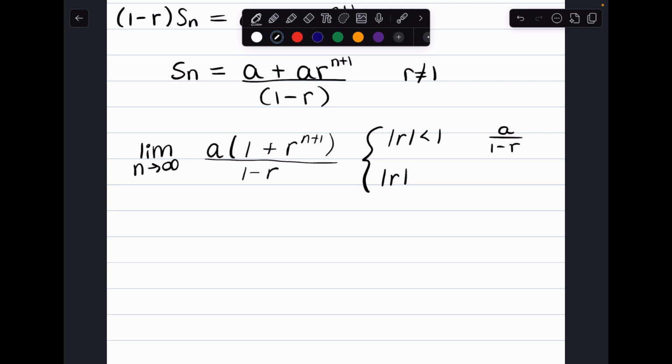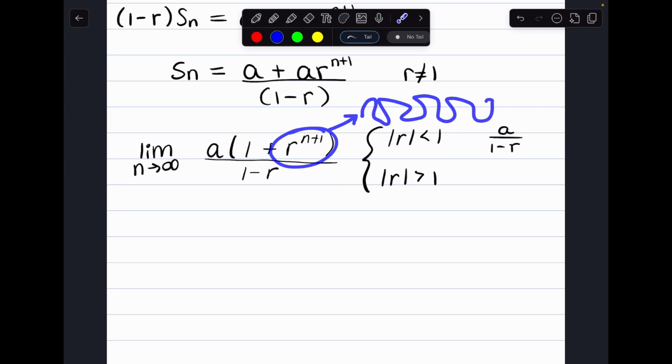If the absolute value of r is greater than 1, then this r to the n plus 1, if r is something like 5, this is going to end up going to infinity. If r is something like negative 5, this is going to end up jumping around everywhere.